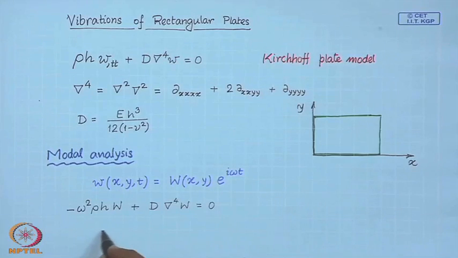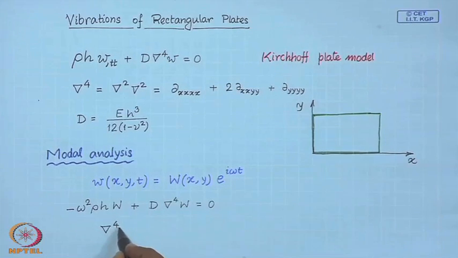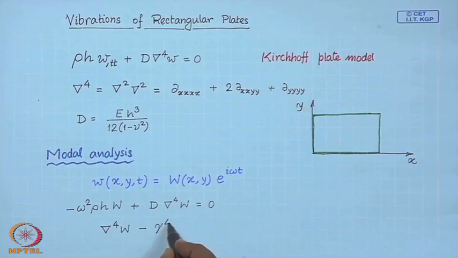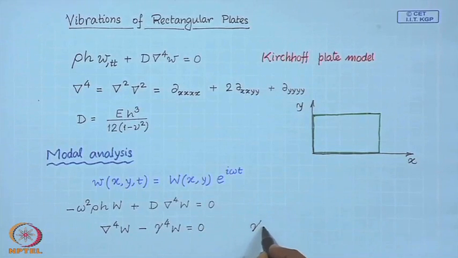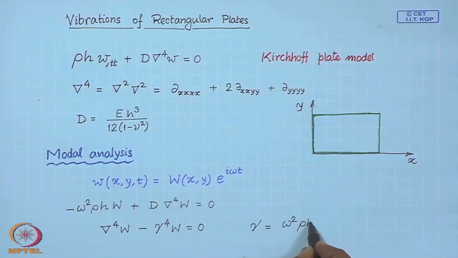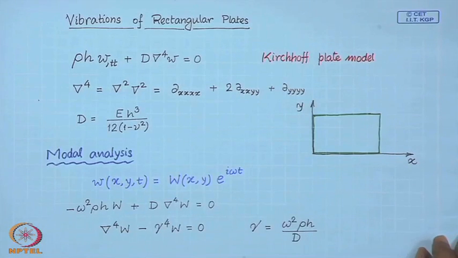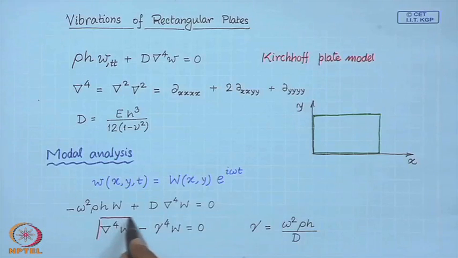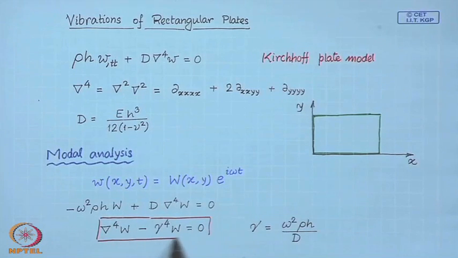So, we will rewrite this as, where we have defined this gamma as omega square rho times the thickness divided by this constant D. So, this is our differential equation of the eigenvalue problem.